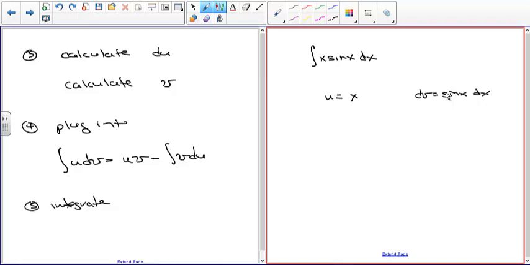Yeah, Daniel. Since it can work either way in this situation, if you were to use sine of x to be u, you could take the derivative, the cosine. But the derivative of the sine is the cosine, so really that's not simpler. You really can't choose sine of x to be u, because it doesn't get simpler. It just stays the same complexity.